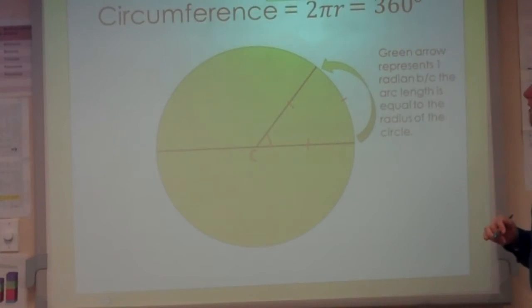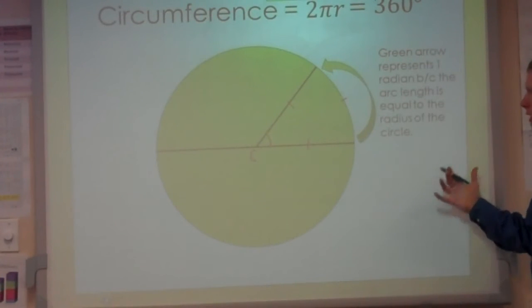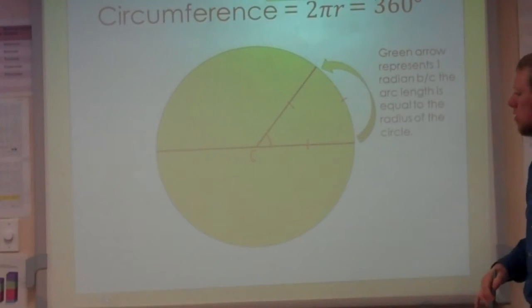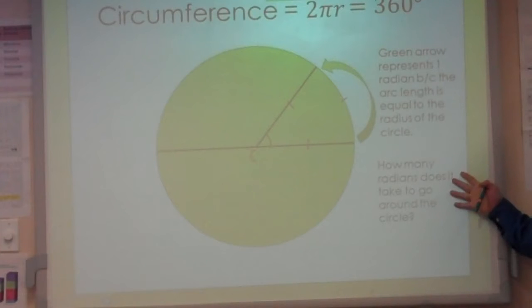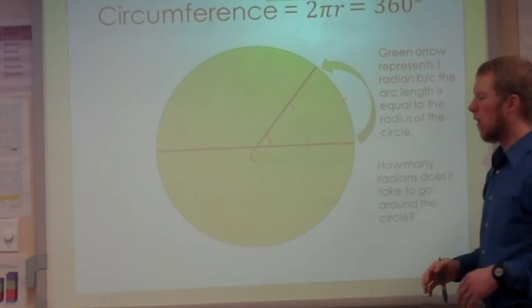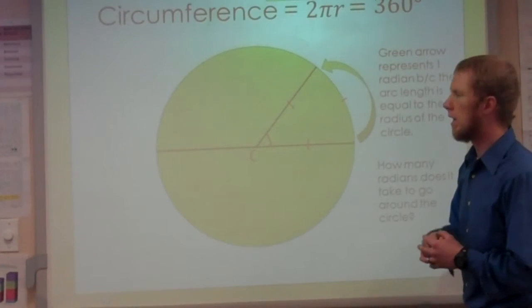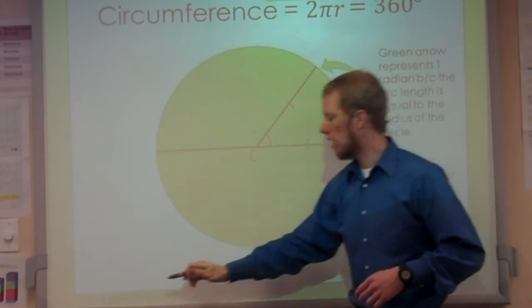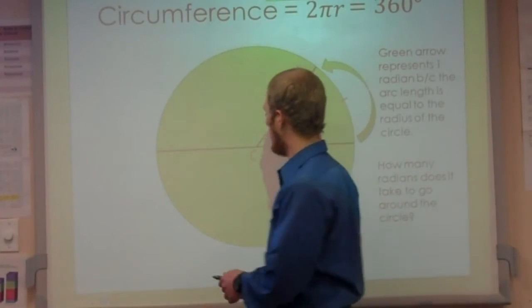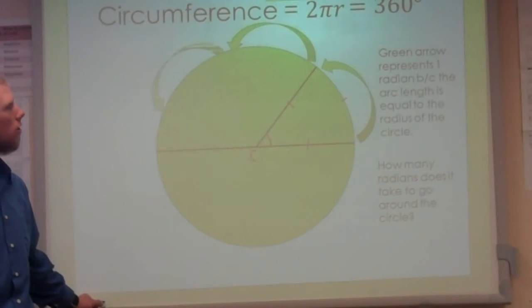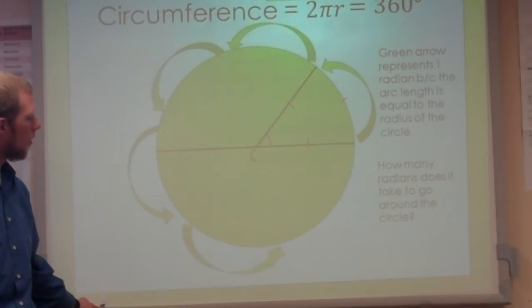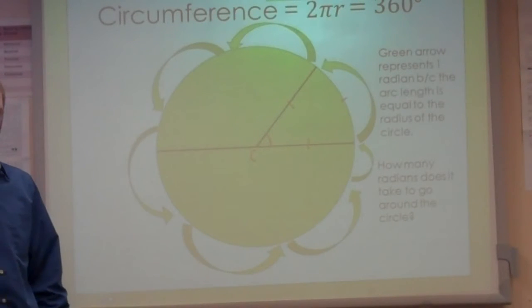So the green arrow represents 1 radian because the arc length is equal to the radius of the circle. How many radians does it take to go around a circle? Well, some of you may be making a guess at this based on this right here. But what we notice is that we have 1, 2, 3, 4, 5, 6, and then a little left over.